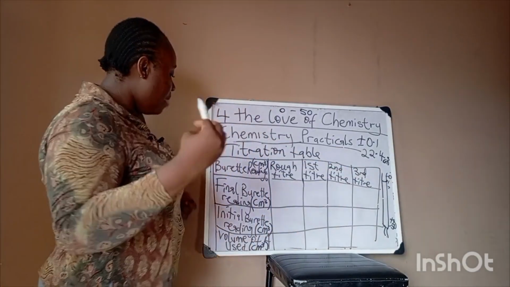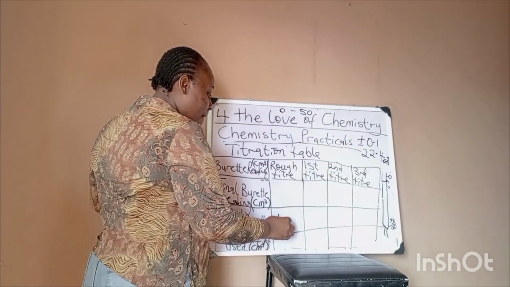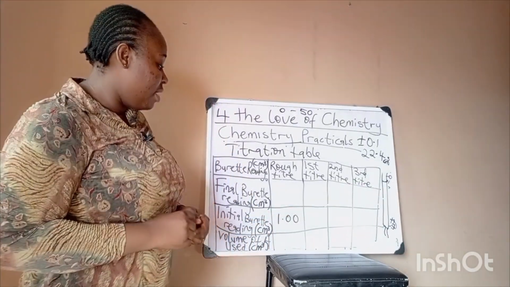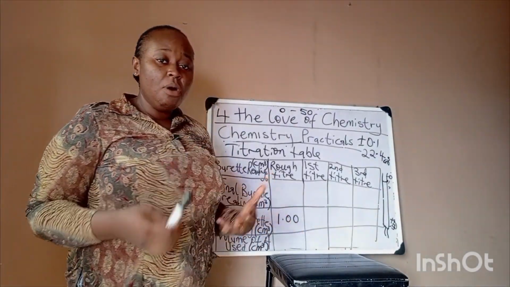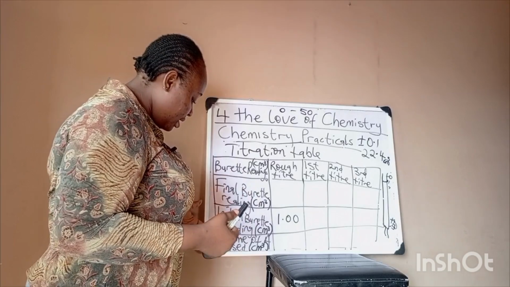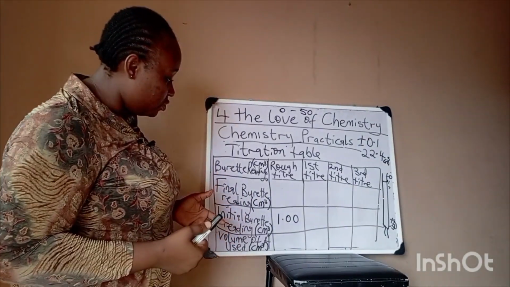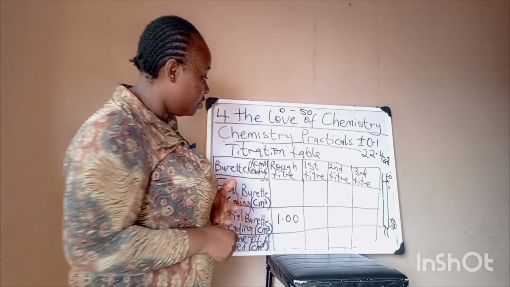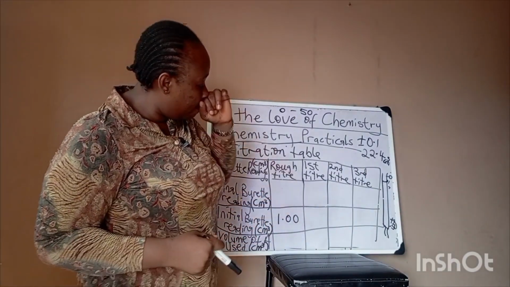So our initial burette reading will be 1.00. Please, whatever you are writing here must be to 3 significant figures. Take note of that.